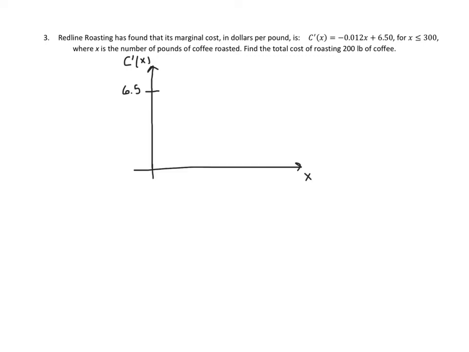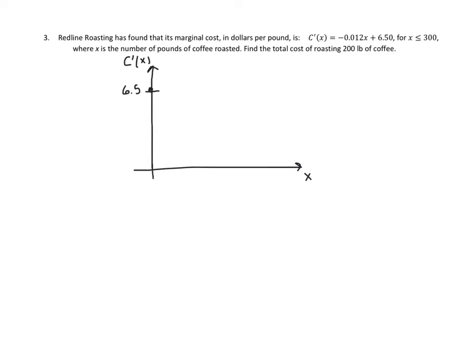So when we graph this, our variable x along the x-axis represents the number of pounds of coffee roasted, and then along our y-axis is the derivative c prime of x. Now when we graph this function, notice that we have a y-intercept of 6.5.